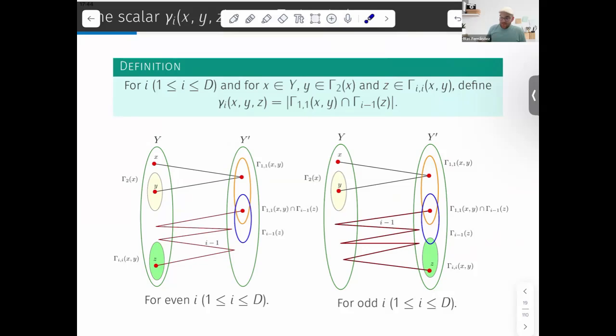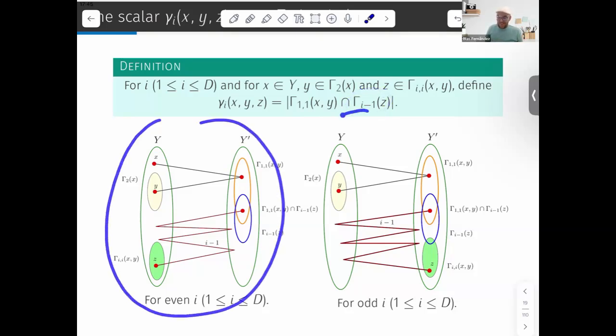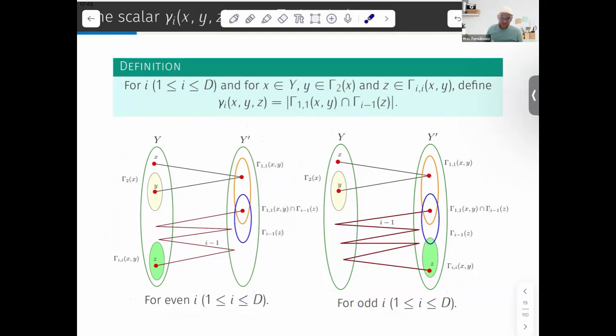So whenever we have vertices at distance i from both x and y, to compute the number of common neighbors of x and y which are at distance i minus 1 from z, it should look like this or like this. For even i, all these vertices are here in Y, and now we need to count the vertices at distance i minus 1 which are common neighbors of x and y.